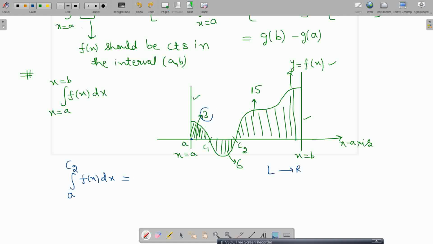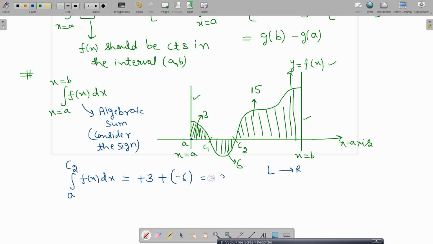The area which represents 3 is plus 3 because it is above the x-axis, then minus 6 because it is below the x-axis, because this integral from a to b of f of x is the algebraic sum. What do you mean by algebraic sum? That means we have to consider the sign also. Okay, so the answer is minus 3.